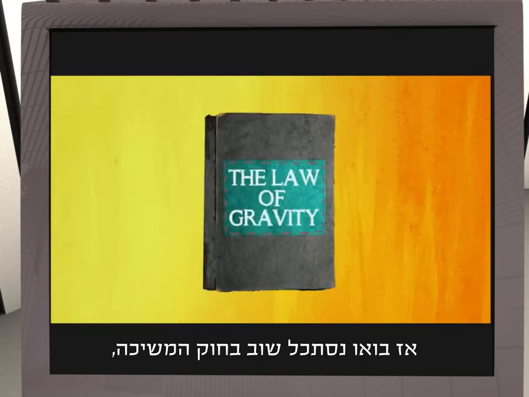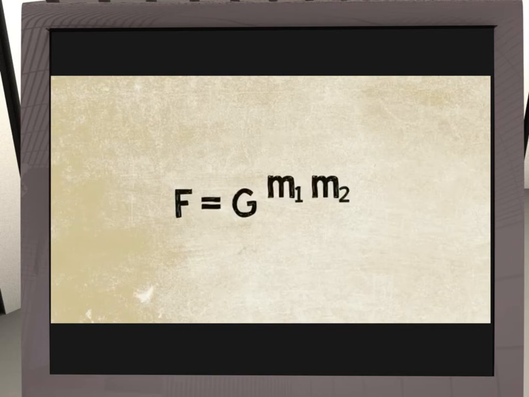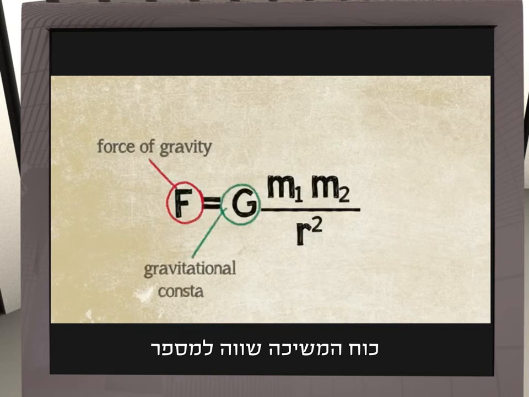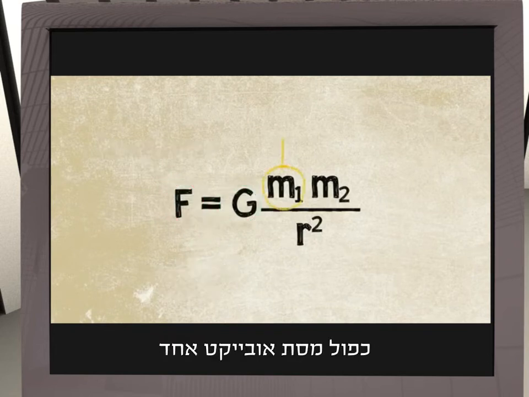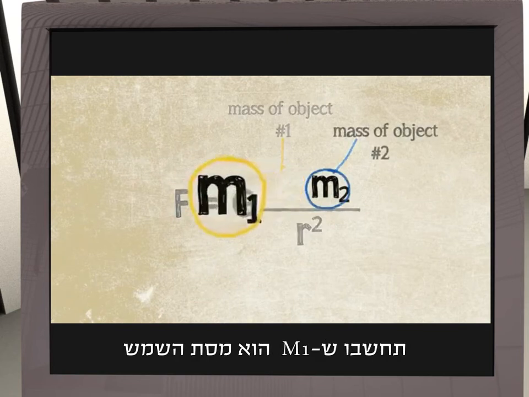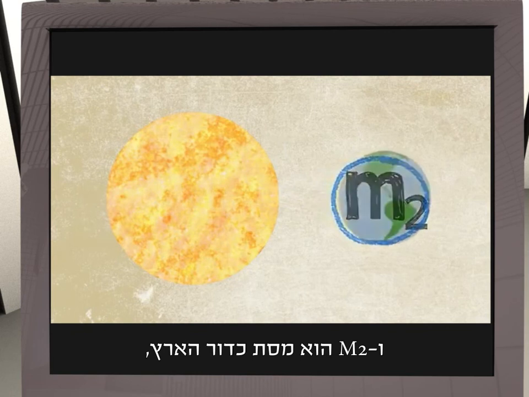So let's look back at that law of gravity, the equation, F equals G times m1, m2 divided by r squared. You see, the force of gravity is equal to a number, that's that universal gravitational constant, G, times the mass of object 1 times the mass of object 2. Think of m1 being the mass of the sun and m2 being the mass of the earth.